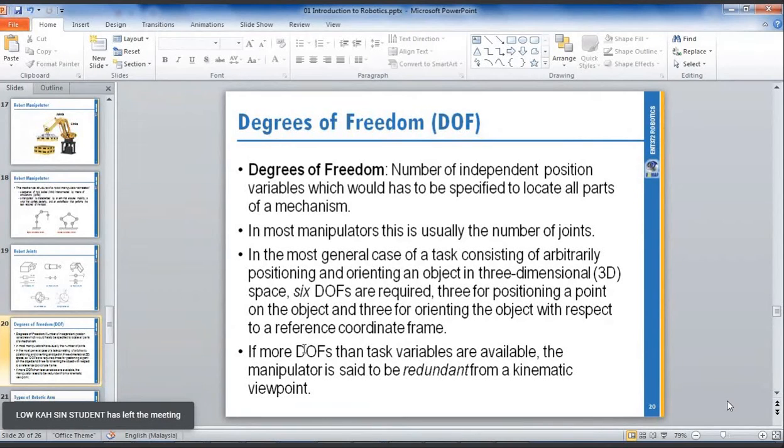If more degrees of freedom than task variables are available, the manipulator is said to be redundant from a kinematic viewpoint.